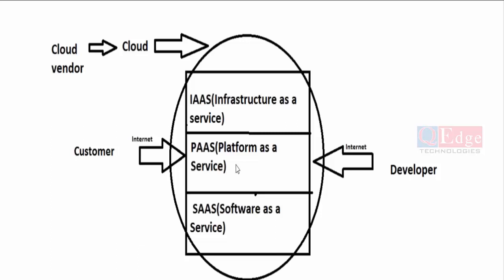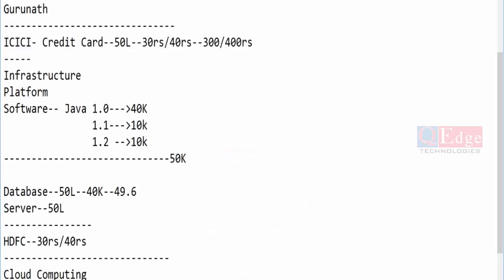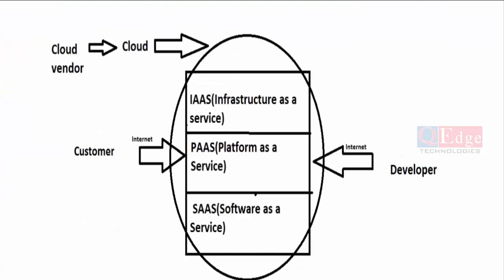Salesforce provides the best platform, that is the force.com platform. By using the force.com platform, we build applications, and those applications are accessed through SaaS. For example, YouTube and Facebook are examples of SaaS technologies.